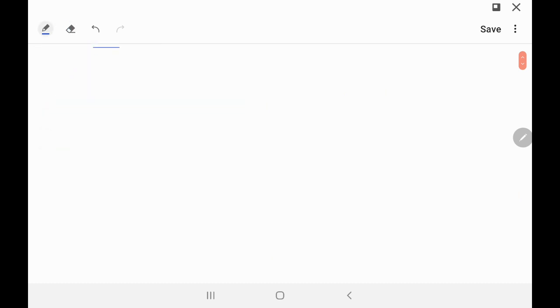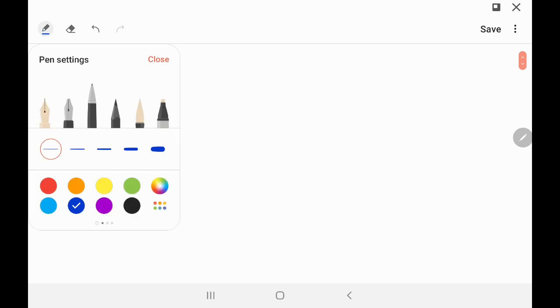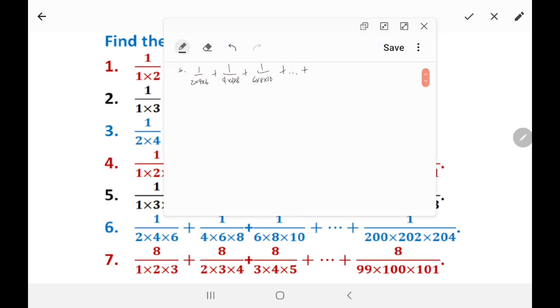We are now in number 6. 1 over 2 times 4 times 6 plus 1 over 4 times 6 times 8 plus 1 over 6 times 8 times 10. And the pattern continues to 200 times 202 times 204.